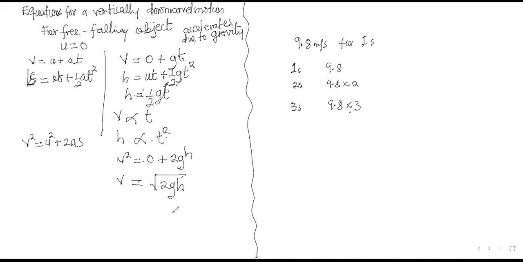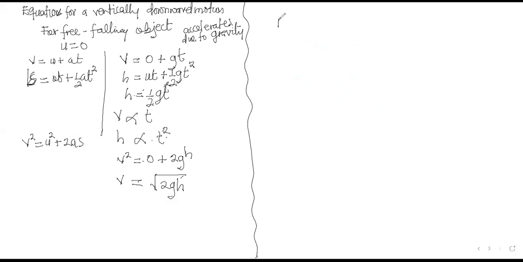All right. So for vertically downward motions, the three equations are for a vertically downward motion, and for that matter, for a free falling body.